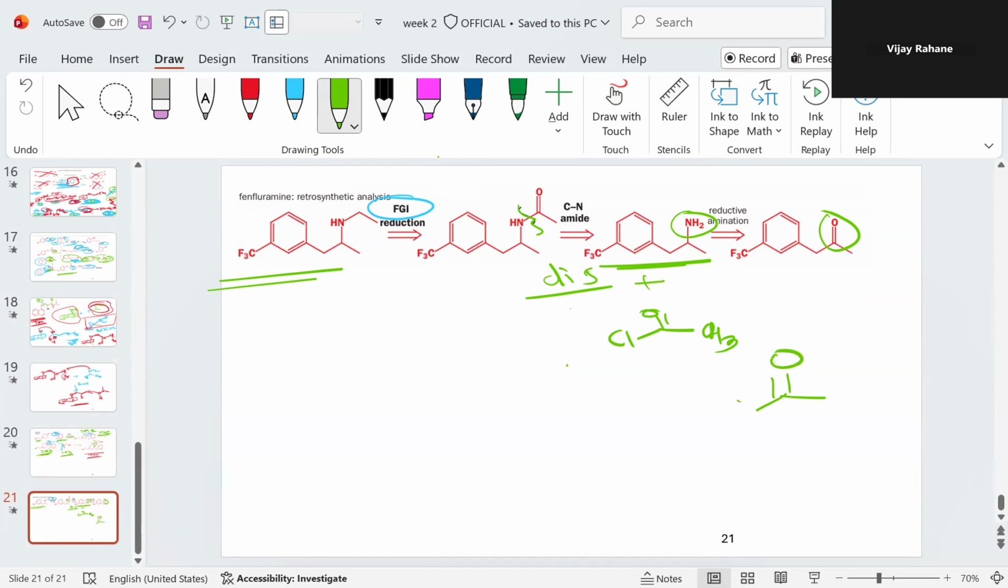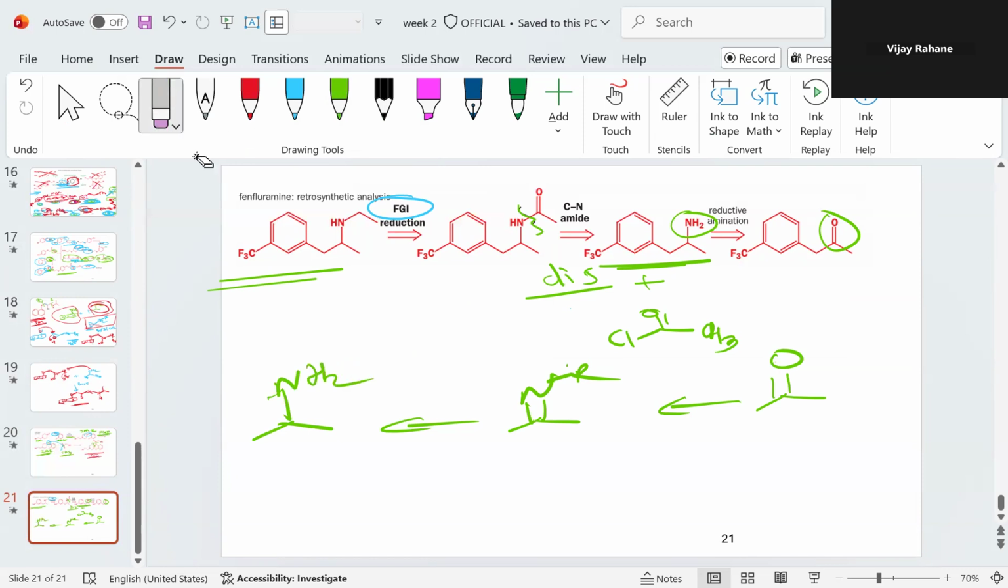If you have the keto, we can make the imine of that keto, and the imine upon reduction can be converted into the amine. In the forward synthesis, keto can convert into the imine, and the imine we can reduce to the amine. That's what we have shown here.